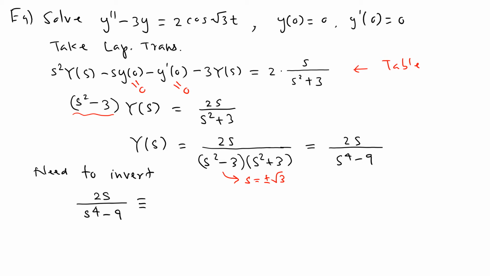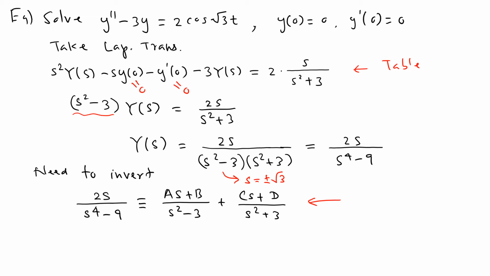So we can write this one as As plus B over s squared minus 3 plus Cs plus D over s squared plus 3. So remember the format of what we write. The second one is clear, but the first one we did not split into linear factors.